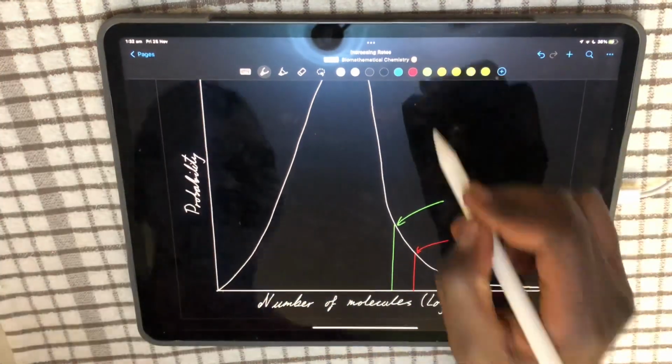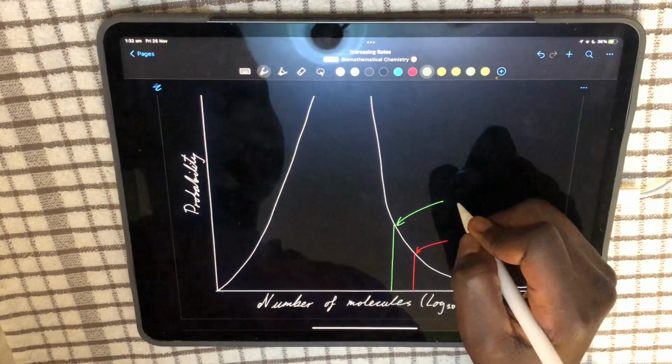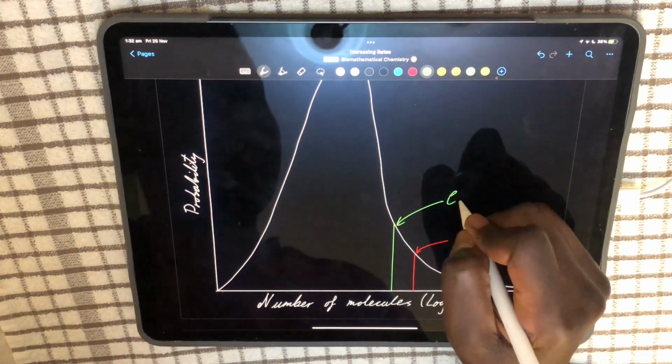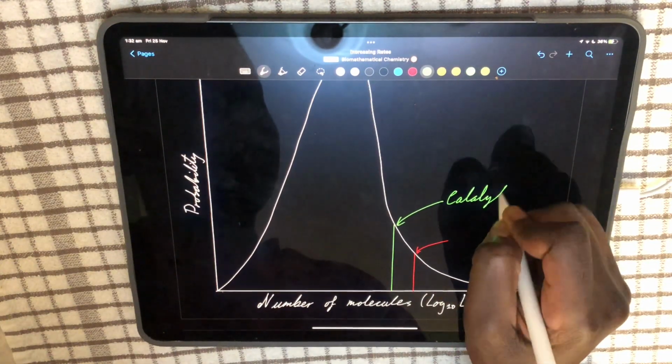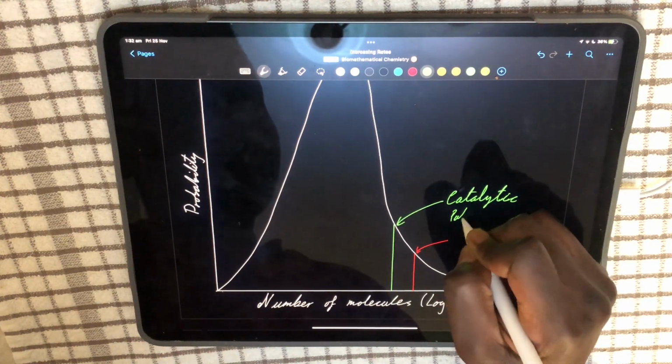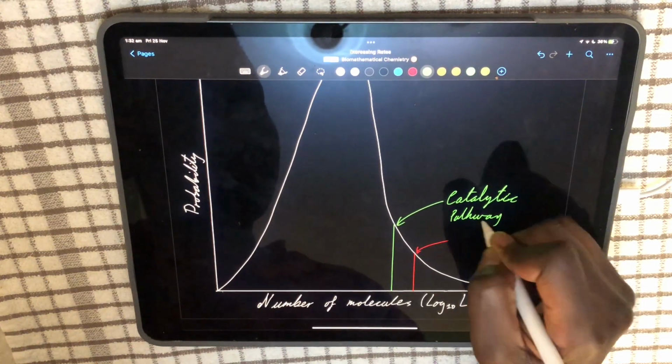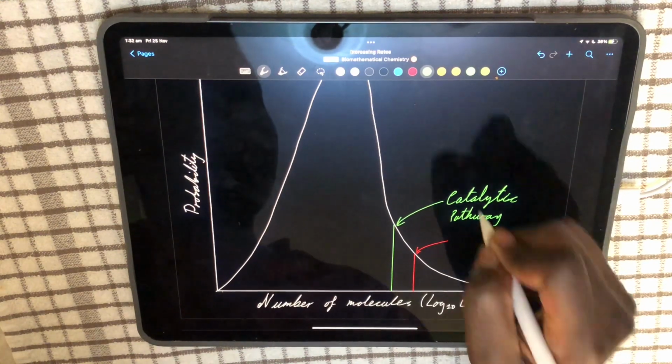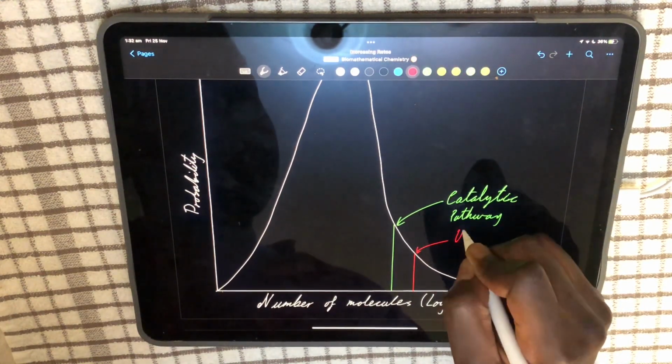Alright, so I think it's pretty obvious, right? The catalytic pathway is this one, and the uncatalyzed pathway is this one.